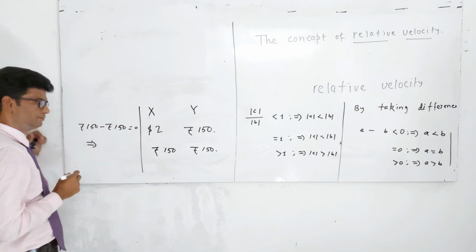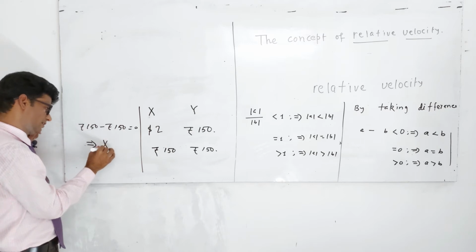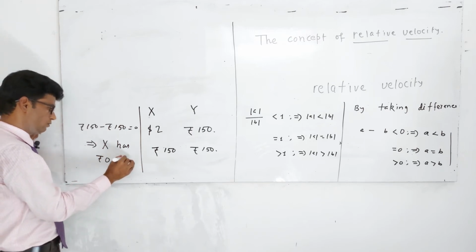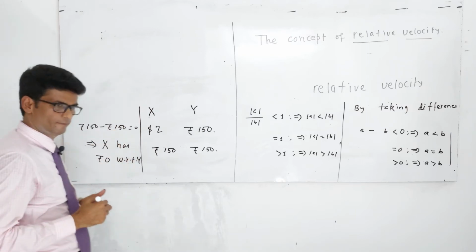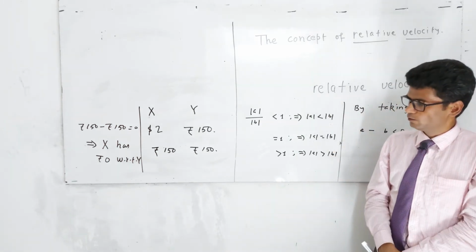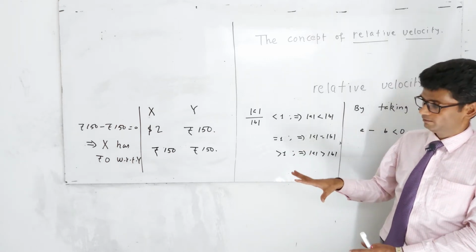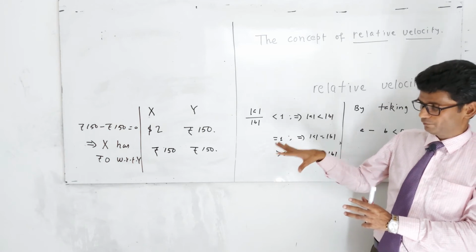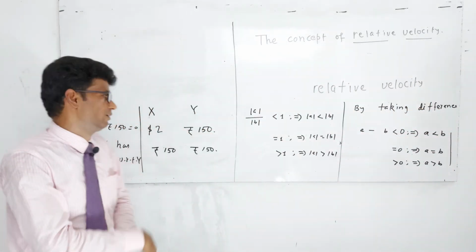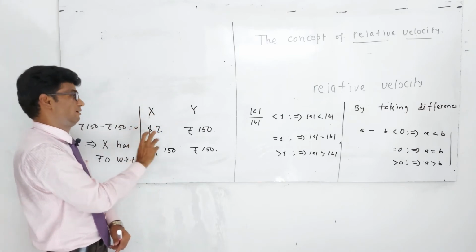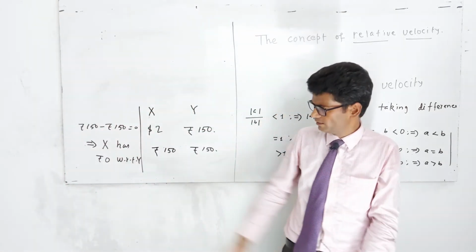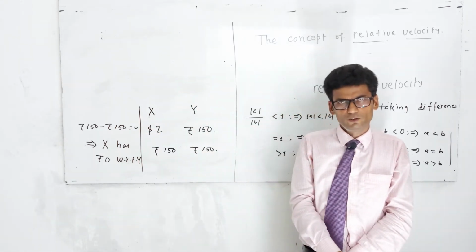This implies that X has rupees 0 with respect to Y. In return, Y has rupees 0 with respect to X, because they still have the same rupees 150 after converting dollars into rupees. However, if friend X has $1 and Y still has rupees 150, then you may construct it yourself. It is just an example for you. You may think like that a lot.